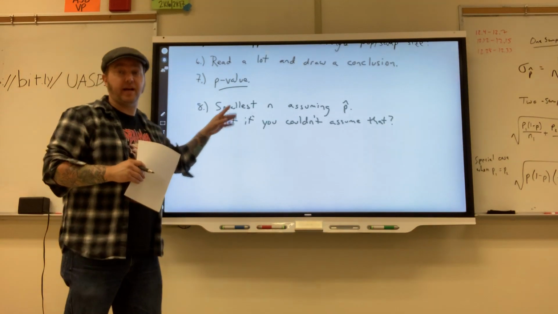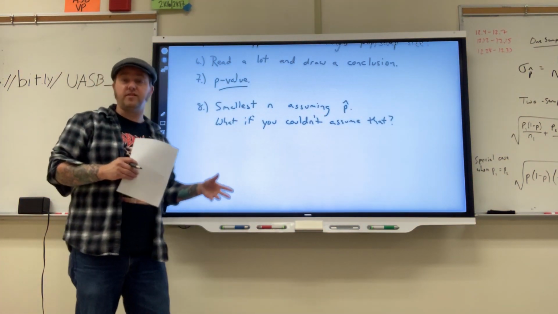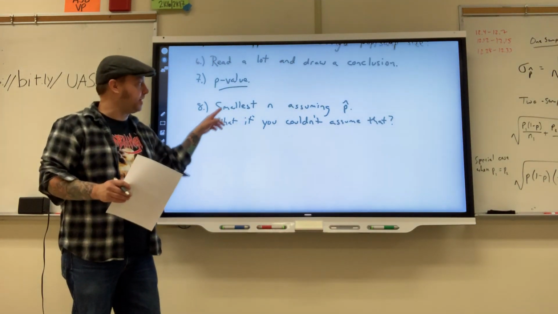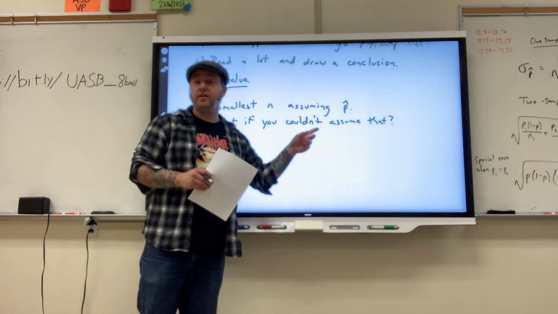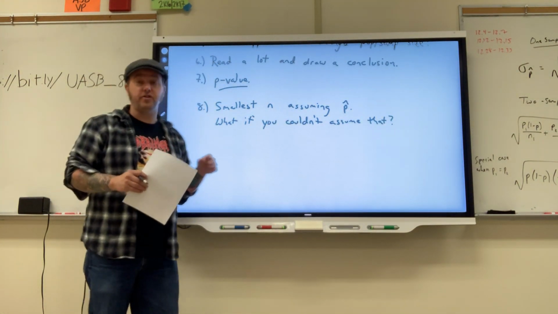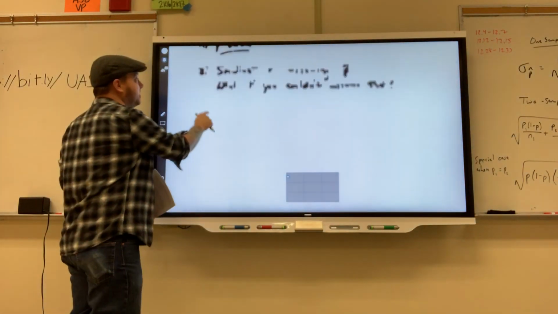Smallest n assuming p hat. So I'm going to give you, we think it's this. What's the smallest n you need to get this margin of error? We know how to do that? Yes, good. Remember what we do when we don't know p hat, what do we use? That's exactly right, good job. It was 0.5. All right, number 9.